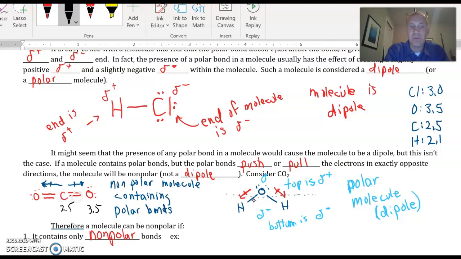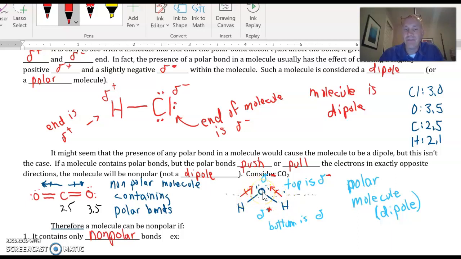Whereas here, if people pulled in exactly 180 degree opposite directions, there would be no way that the central atom got pulled. So overall, the bottom part of this molecule, oops, I made a mistake here. Correction on this one: the oxygen is more electronegative, so it's going to be pulling the electrons in these directions.